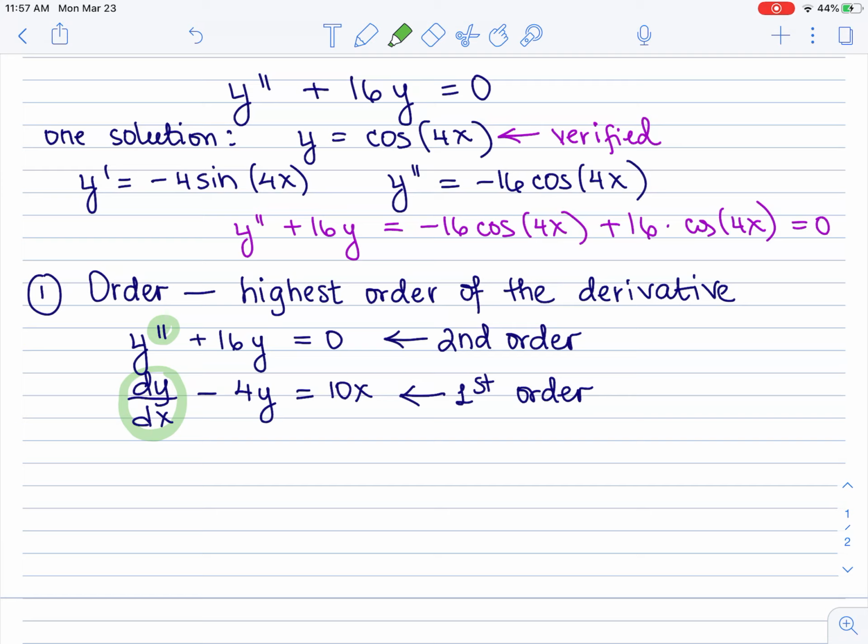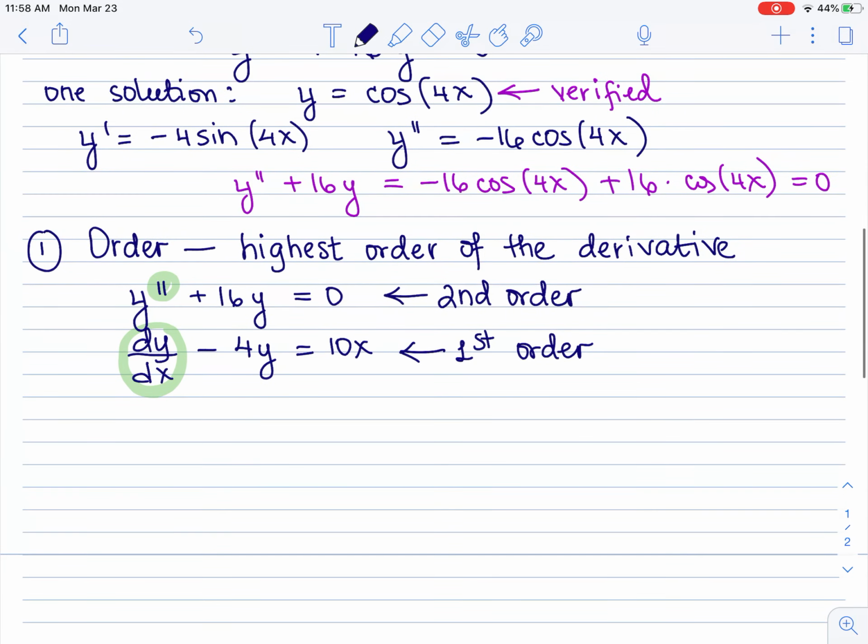This is the section where all sorts of notations will be used. Sometimes you'll see dy dx, other times you'll see y prime or y double prime. So we need to be careful and be comfortable with using all of these notations. We could have something that looks like this: y prime of t is equal to 0.10 y times 100 minus y.